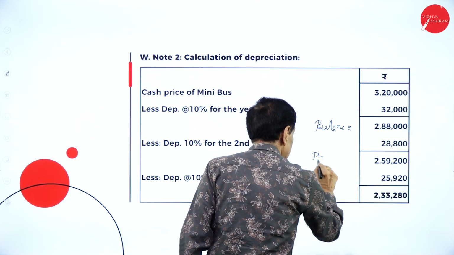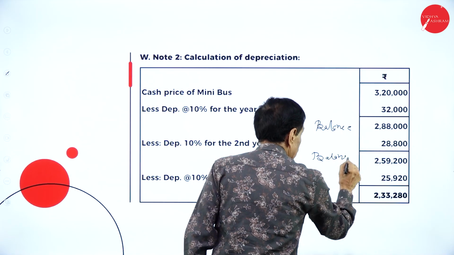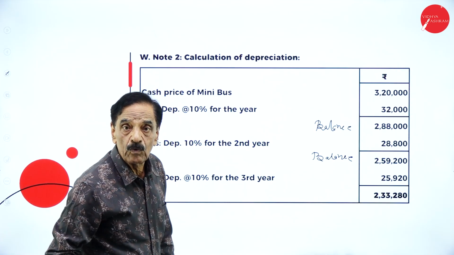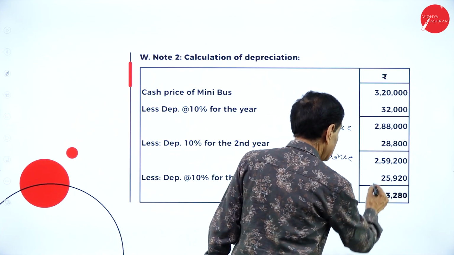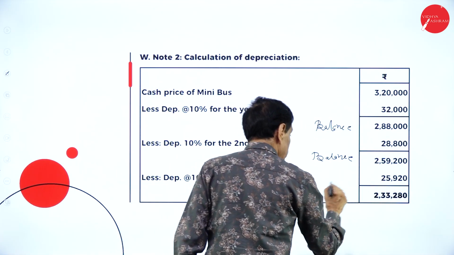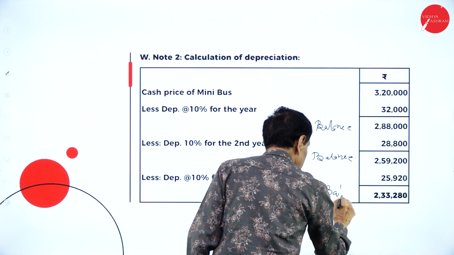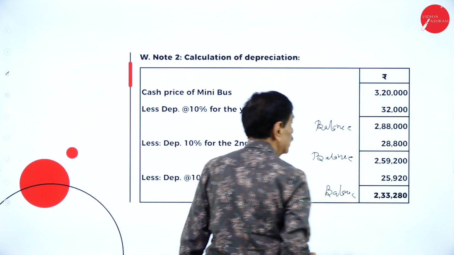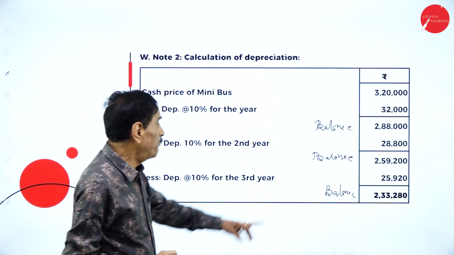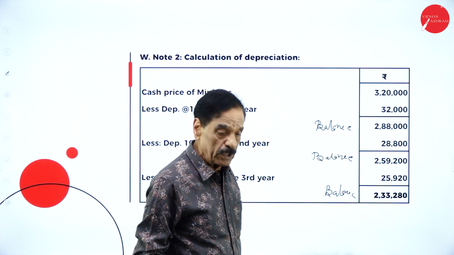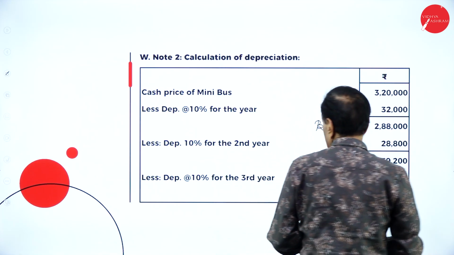The balance is 2,59,200. Less depreciation for third year, 25,920. The balance at the end of the third year is 2,33,280. This is called the diminishing balance method. In the straight line method, every year depreciation remains constant at 32,000.